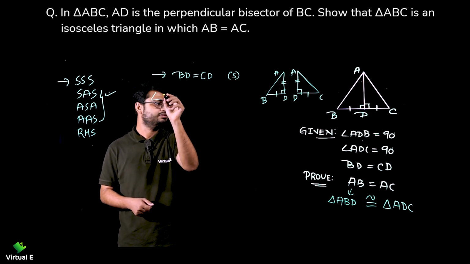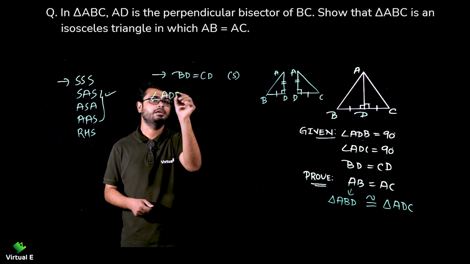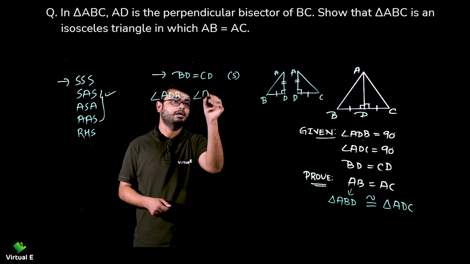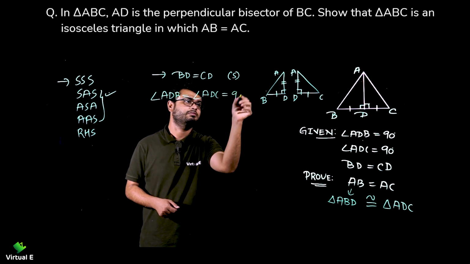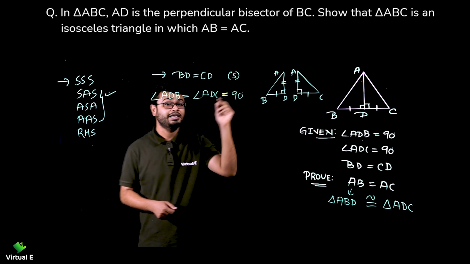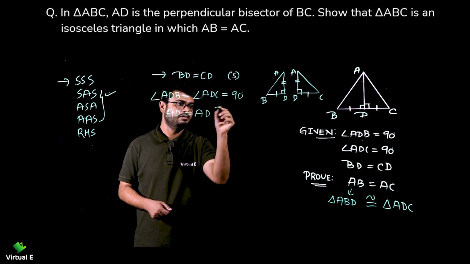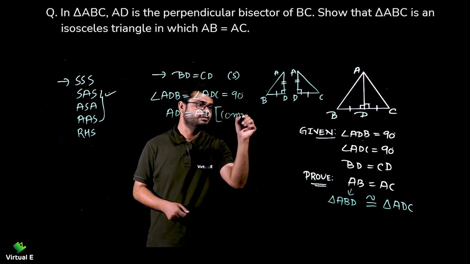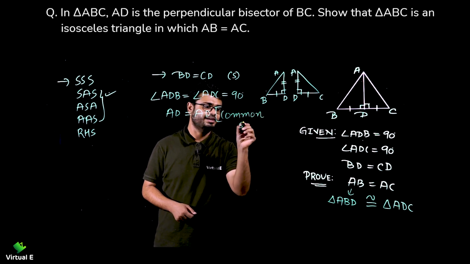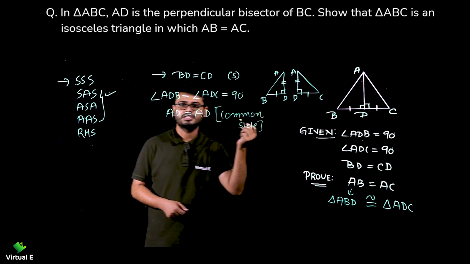So let's mention ADB is equal to ADC is equal to 90 degrees and AD is equal to AD. We can write common, what side it is, right? AD is the common side.